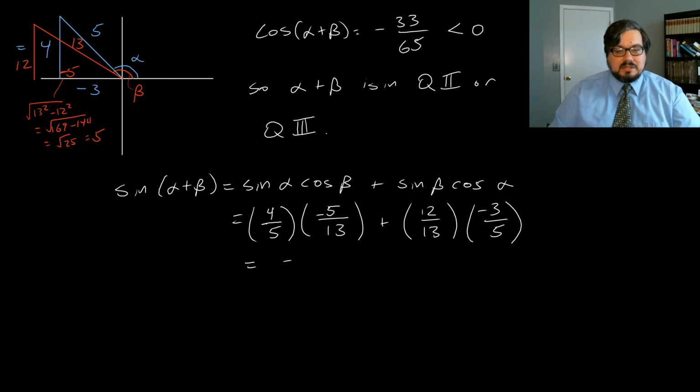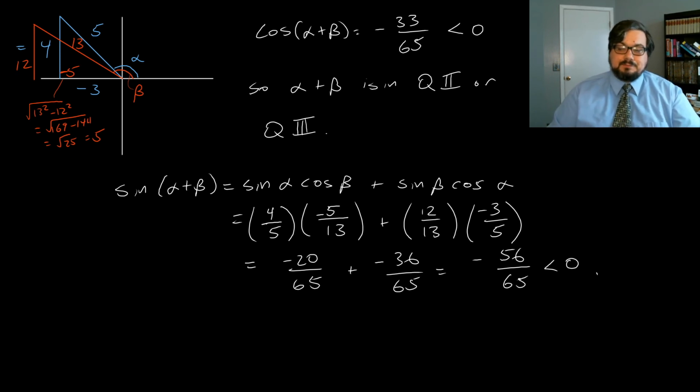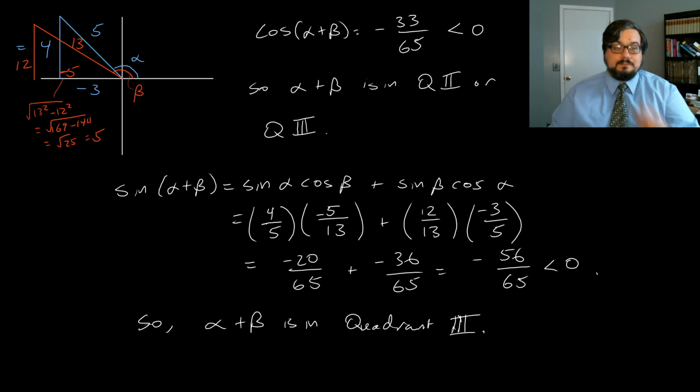So that gives us negative 20/65 plus negative 36/65, which gives negative 56/65, which is negative. So that means that alpha plus beta is in quadrant 3. And there we go.